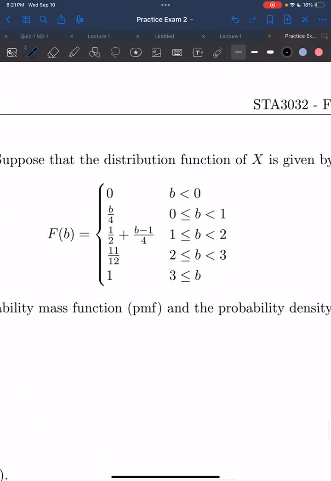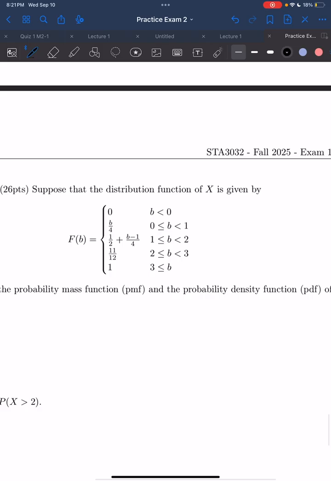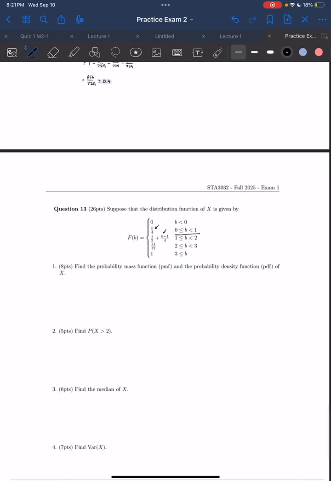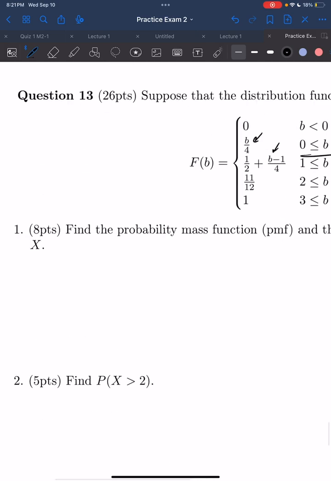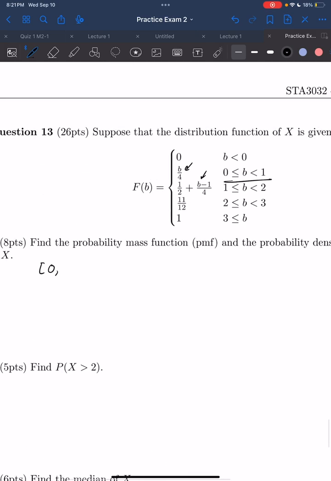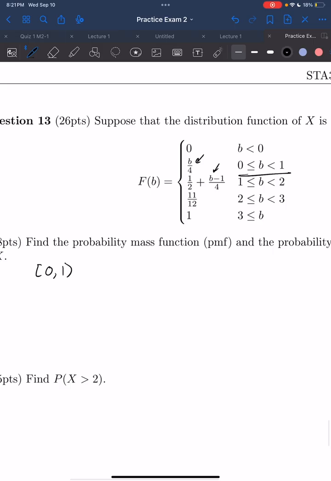So this is our cumulative distribution, and our continuous parts are where we have our b here, so it's like changing during this interval. So these two are our continuous parts. So our range is 0 to 1 and 1 to 2.